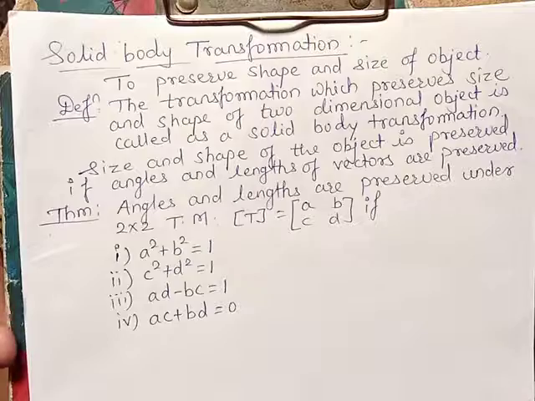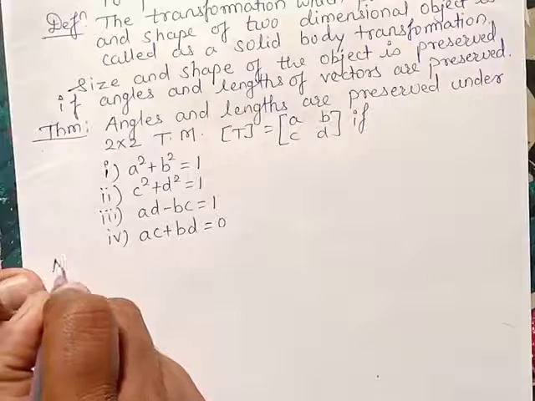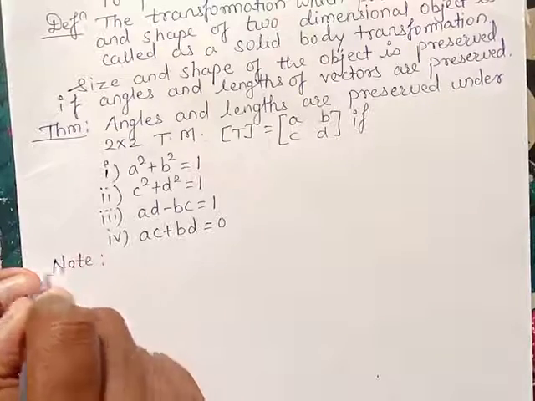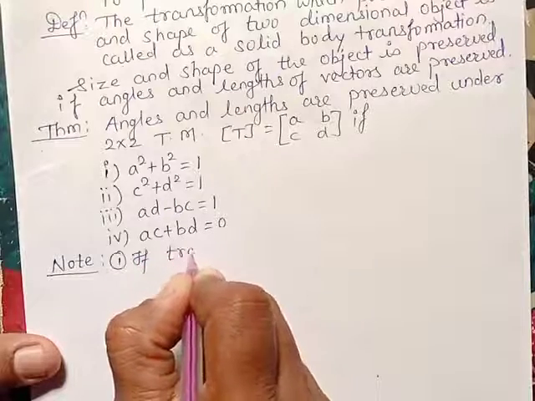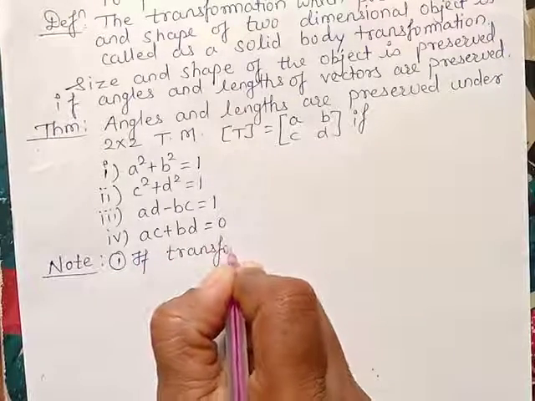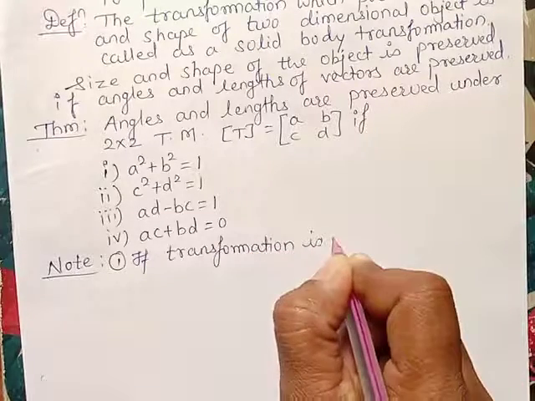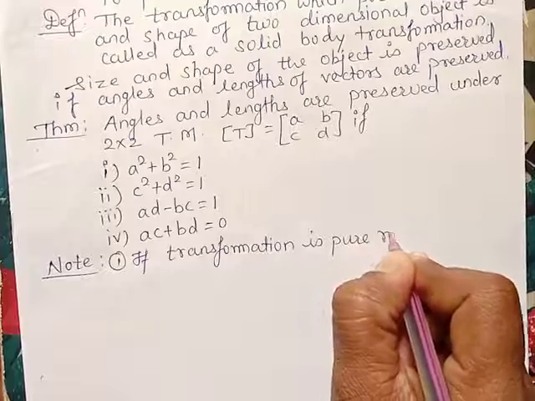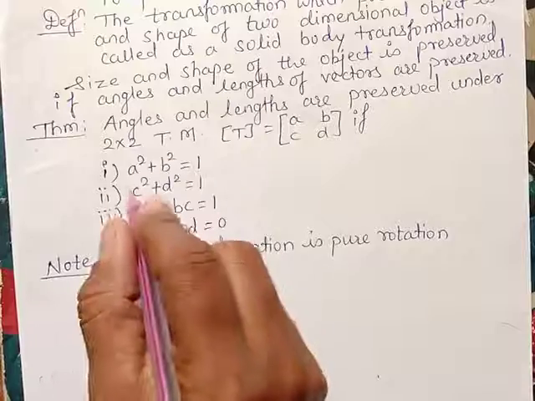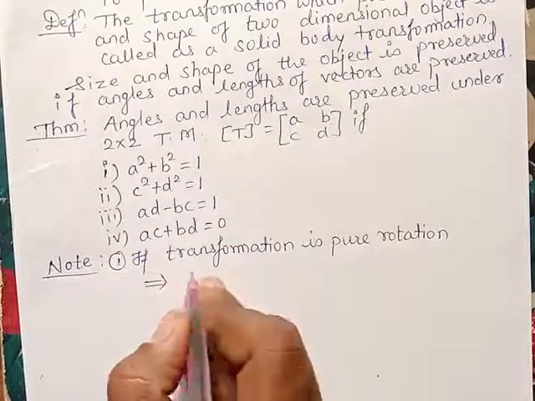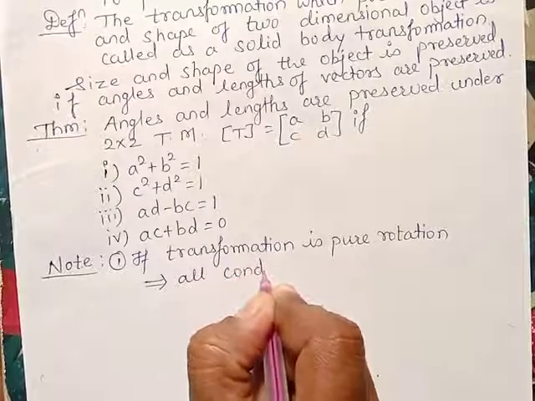Okay, so now let's see a few notes. First, if the transformation is pure rotation, then all these conditions are satisfied, which means it will be a solid body transformation.